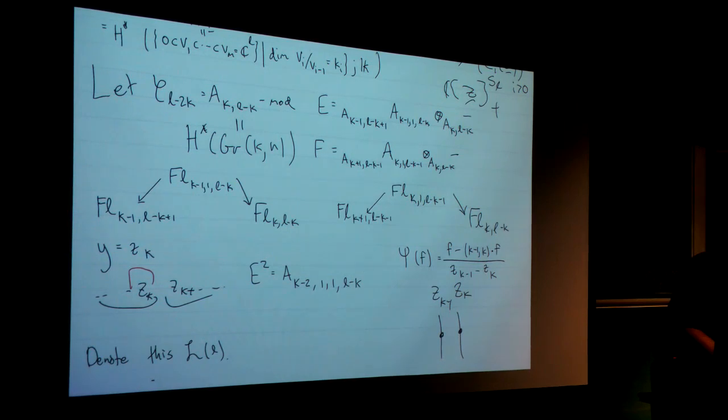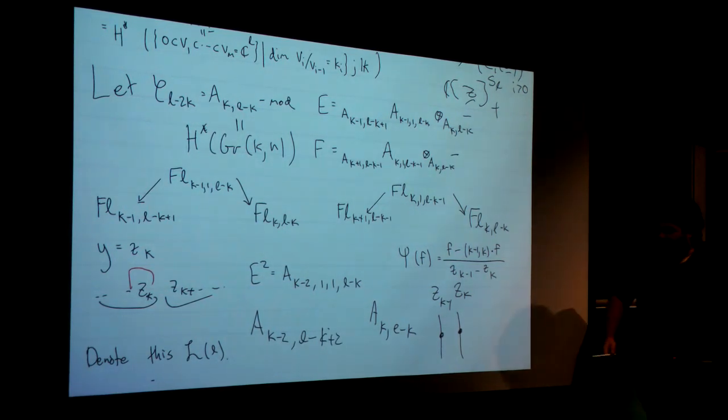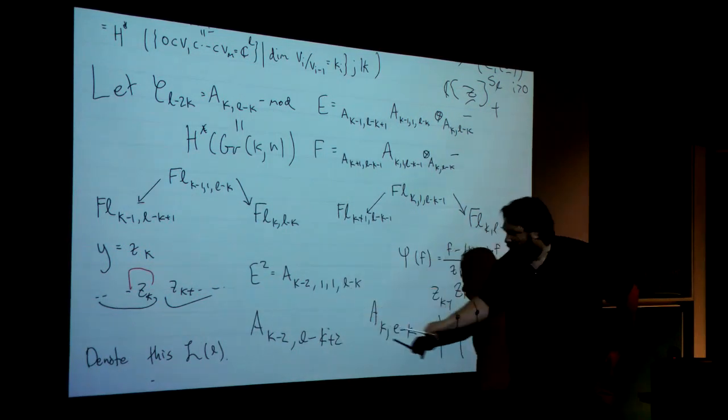Thinking of this guy on one side as a module of K, L minus K, and on the other side as K minus 2, L minus K plus 2. So I'm looking at this guy as a bimodule over these guys.